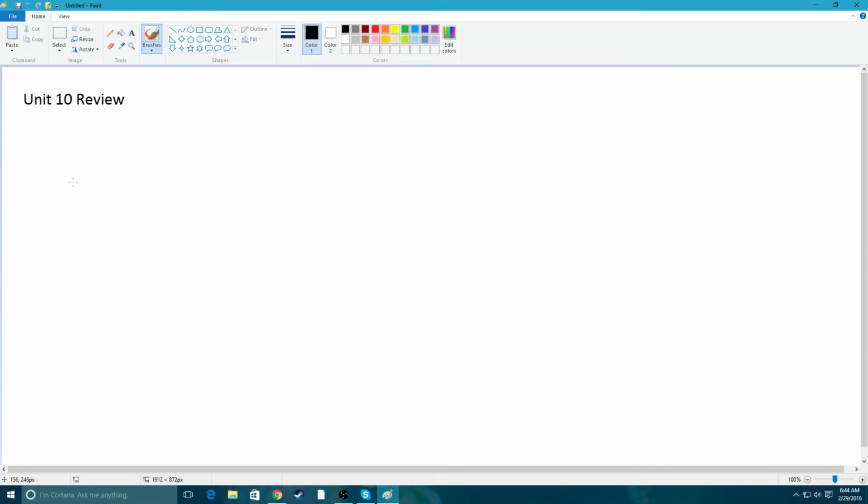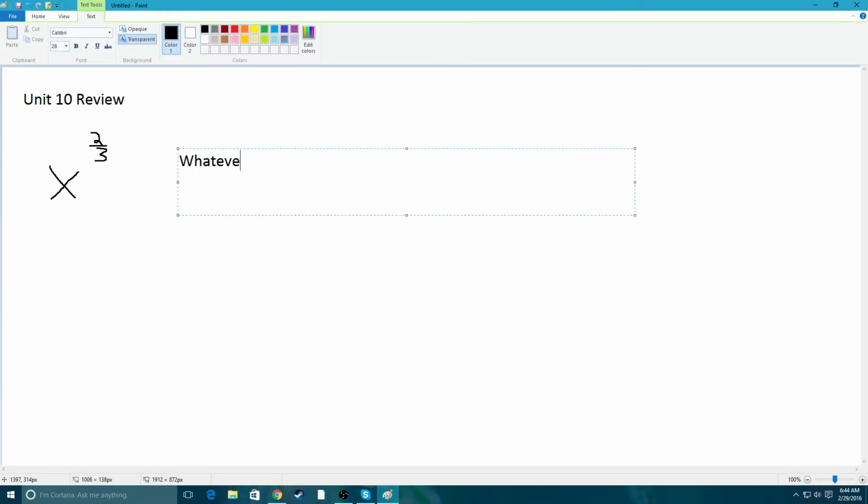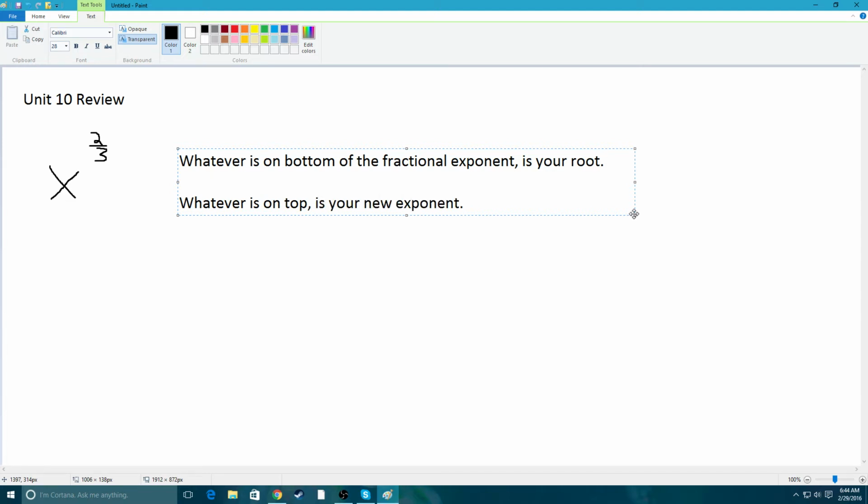Okay, so if you have some kind of base, call it base of x, and you've got something like the 2/3 power. What you need to know: whatever is on the bottom of the fractional exponent is your root. Whatever is on top is your new exponent.